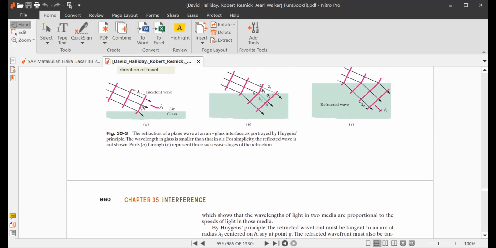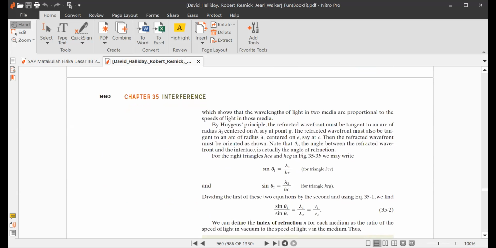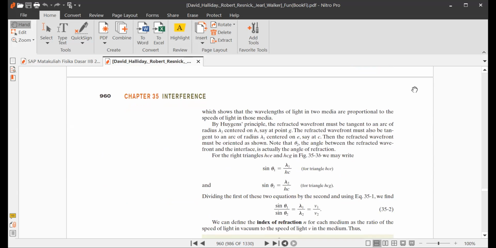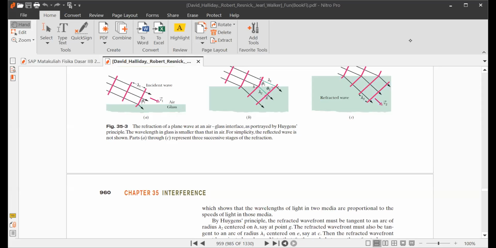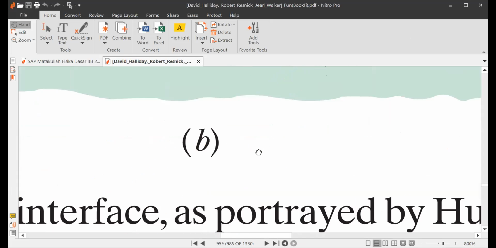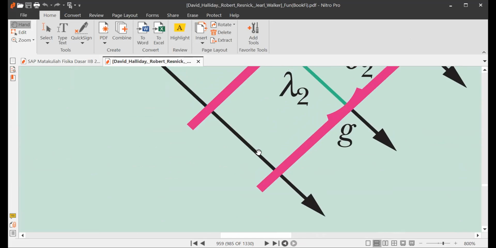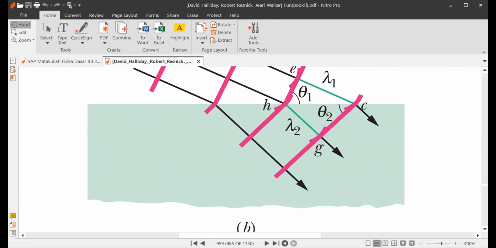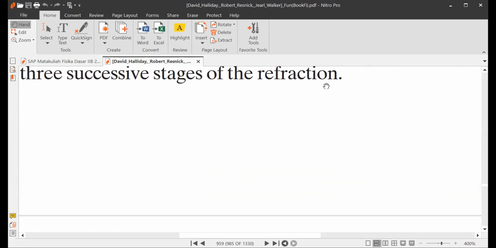I'm sorry, yeah. Just a moment. H is this point. I will zoom it in for you. So this H here, HC, this is lambda 1 over sin theta 1. Okay, sorry.